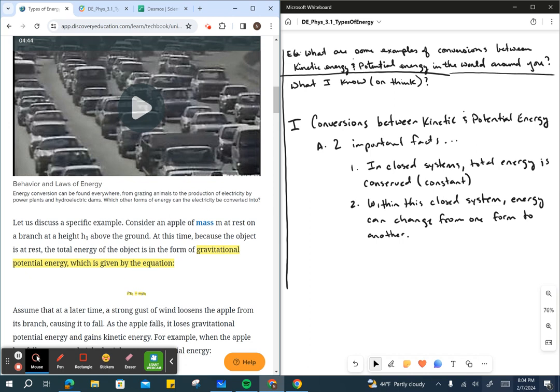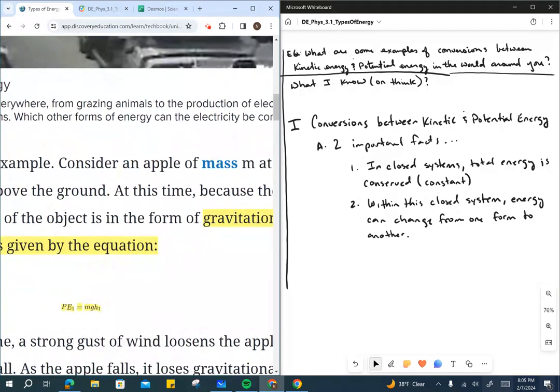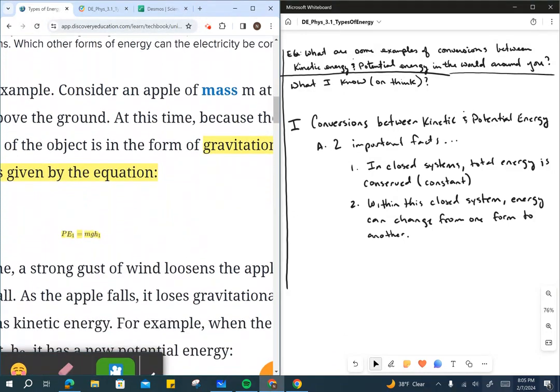It has a mass and it's resting at a particular branch. They're going to say that it's at a branch that has a certain height, h1, above the ground. At this time, because the object is at rest, the total energy of the object is in the form of gravitational potential energy, which is given by the equation potential energy is equal to mass times gravity times height 1.